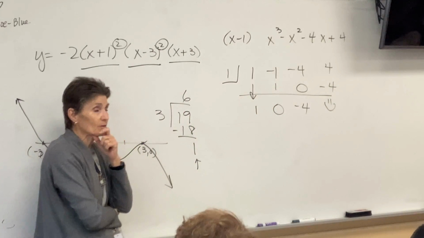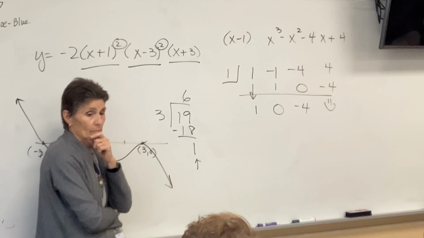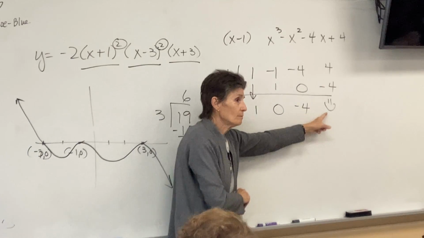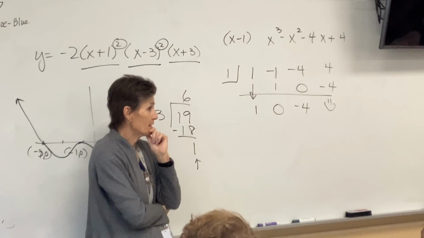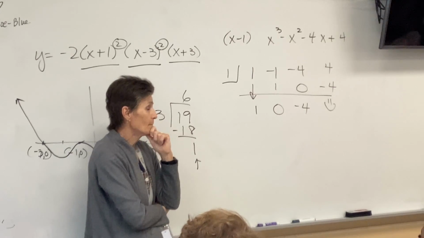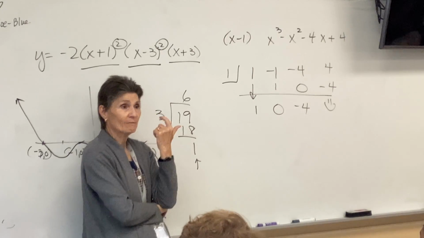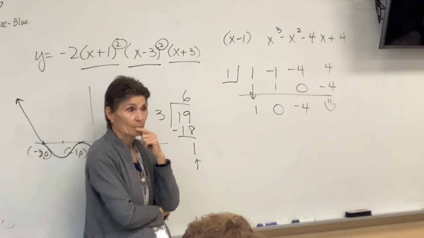Is it a factor? What was the remainder? And when the remainder is 0, you have a factor. So the answer is yes. Why? Because I divided and got a remainder of 0.